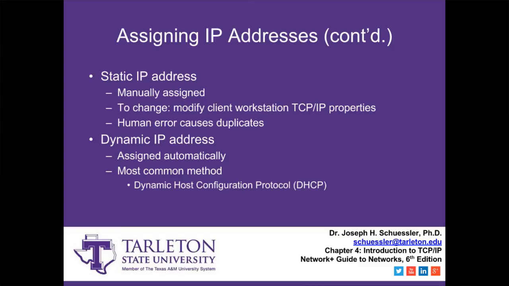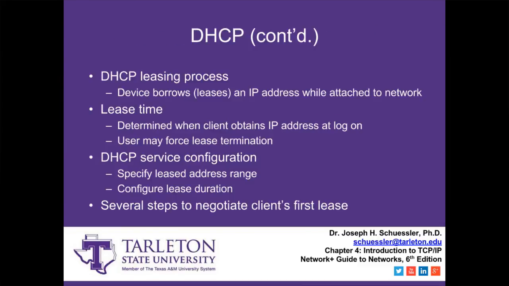But again, for things like servers and network printers, you want that same IP address assigned each and every time, whether you do it statically or you use some other approach to make sure that that happens. So DHCP automatically assigns a device a unique IP address, so you're not going to have that issue of accidentally assigning two devices the same IP address.